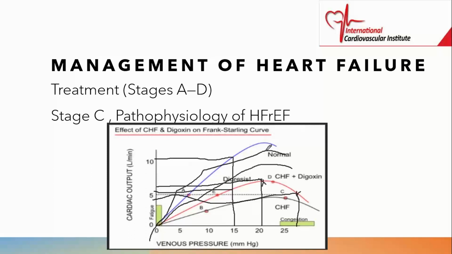Okay, so that is the rationale for therapy. It's not just that we pick a bunch of stuff out of the air and try it. We use the pathophysiology and the graphs to help us to treat these patients.